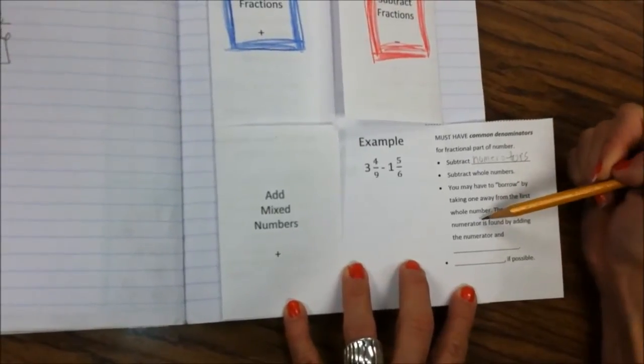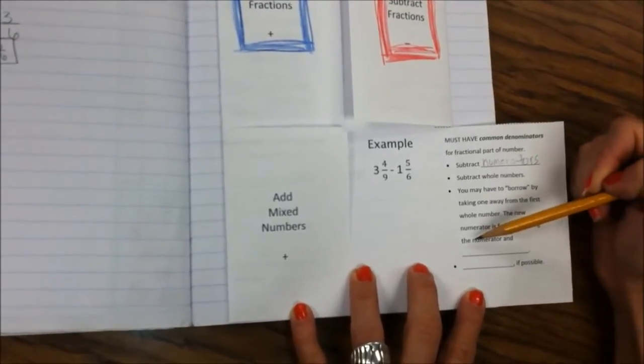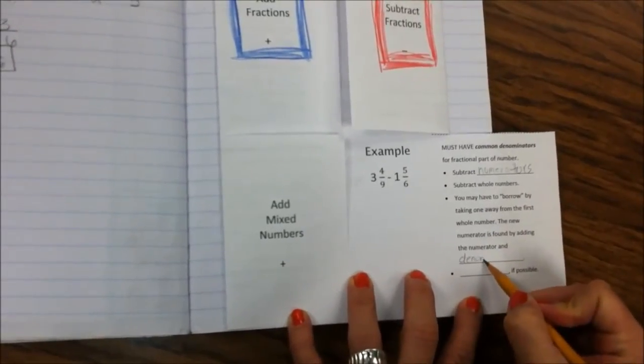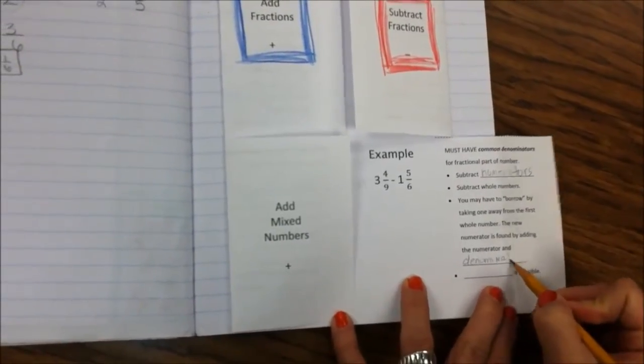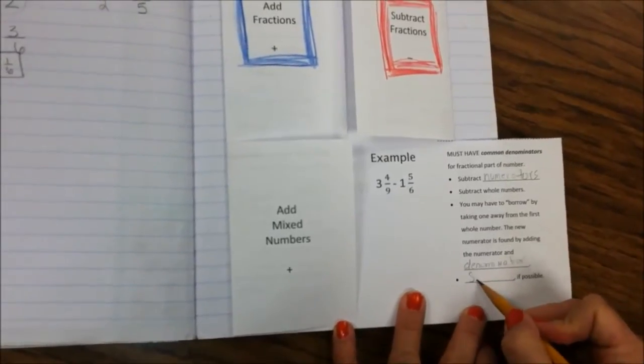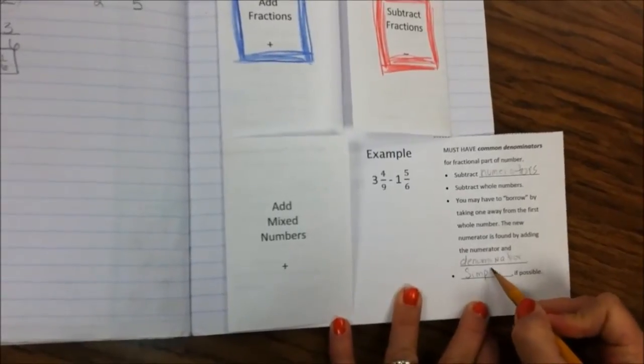The new numerator is found by adding the numerator and the denominator. And then always simplify if possible.